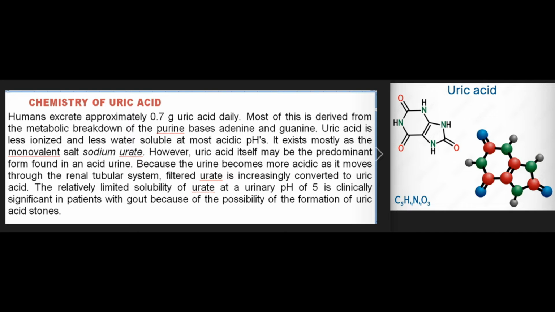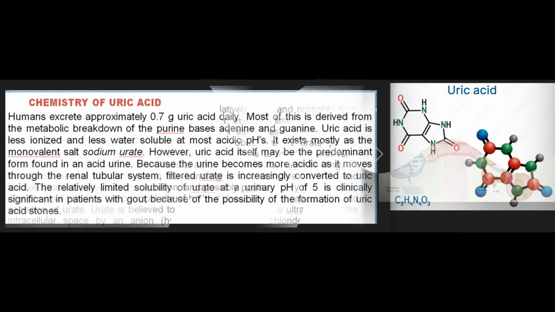However, uric acid itself may be the predominant form found in an acid urine. Because the urine becomes more acidic as it moves through the renal tubular system, filtered urate is increasingly converted to uric acid. The relatively limited solubility of urate at a urinary pH of 5 is clinically significant in patients with gout because of the possibility of the formation of uric acid stones.